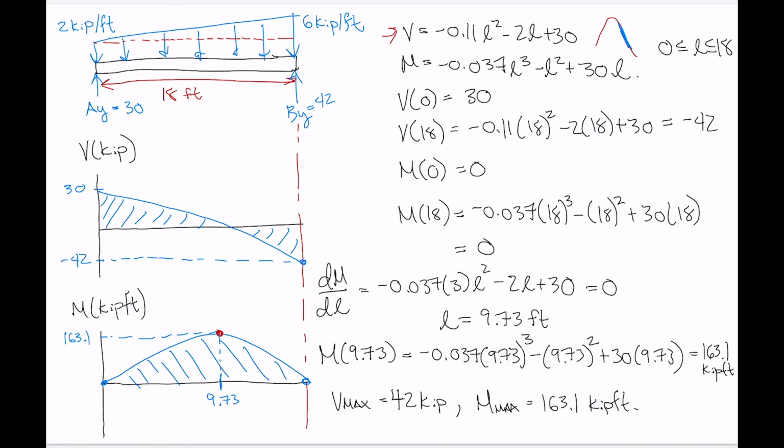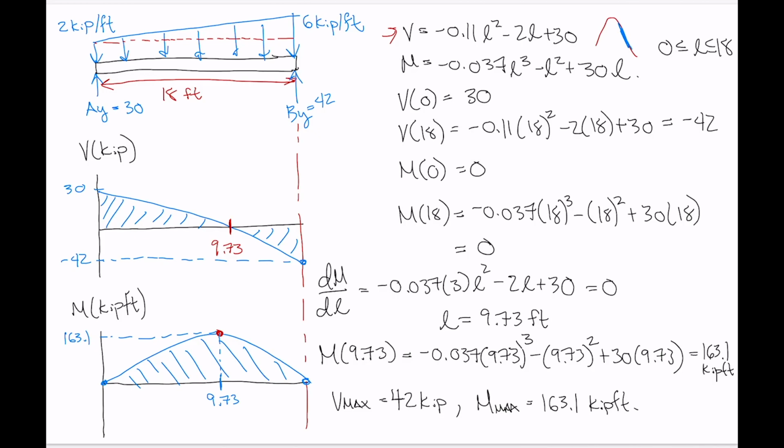Now, interestingly, if you look at the position here where that shear diagram crosses 0, you will see that this is 9.73 there. And that's not an accident.